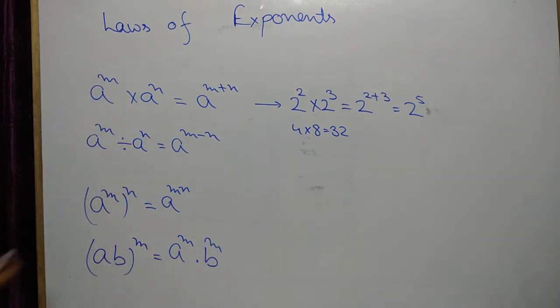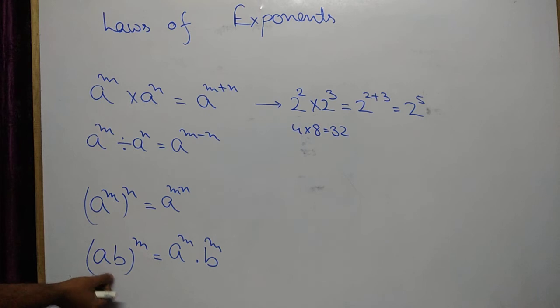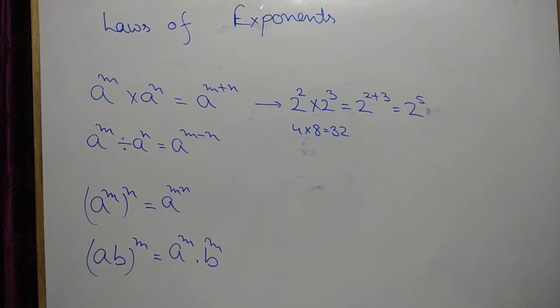We can distribute the power if within the bracket we have two different numbers in multiplied form.